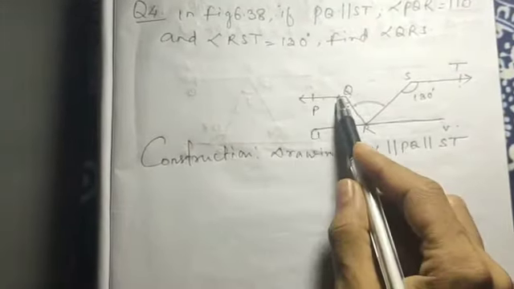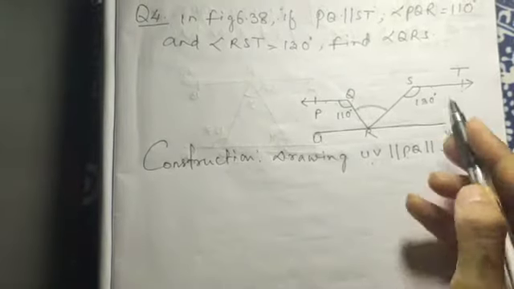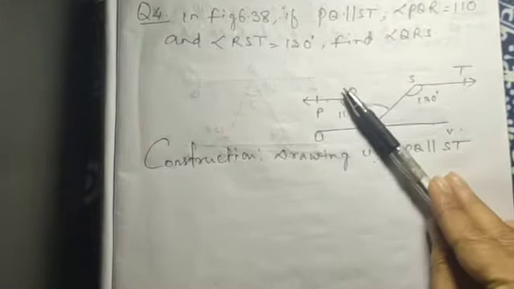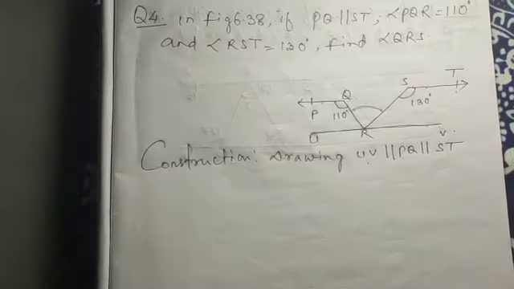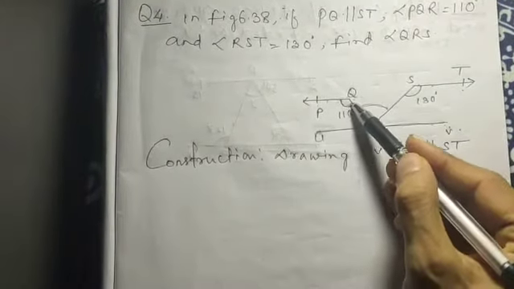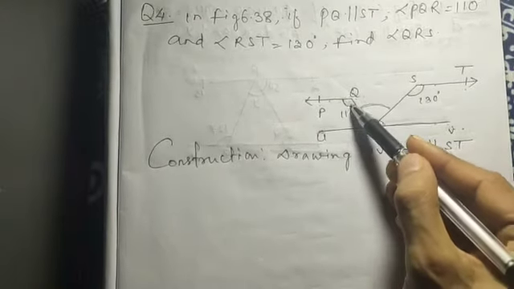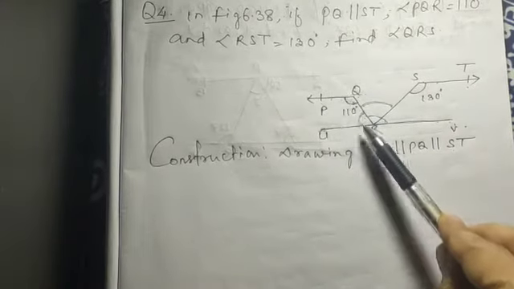Now see, this PQ is parallel to UV, right? PQ is parallel to UV, and QR is the transversal. So the interior angles on the same side of the transversal, these two, are the interior angles on the same side of the transversal, right? This QR is the transversal of these two lines.